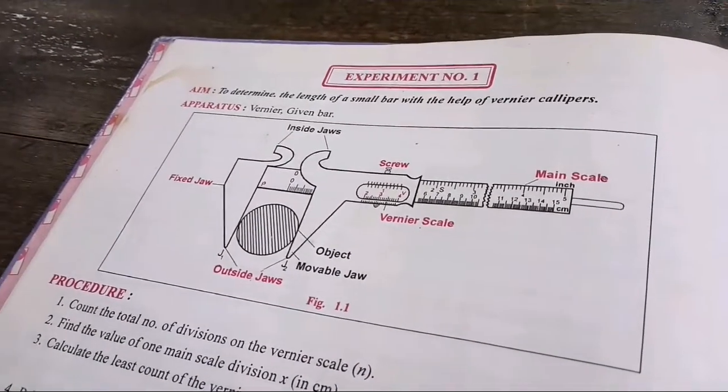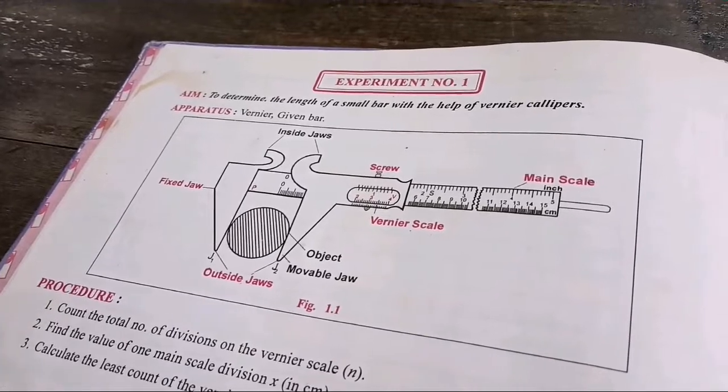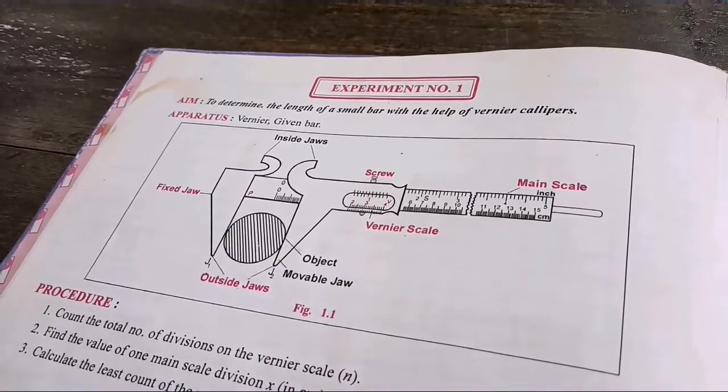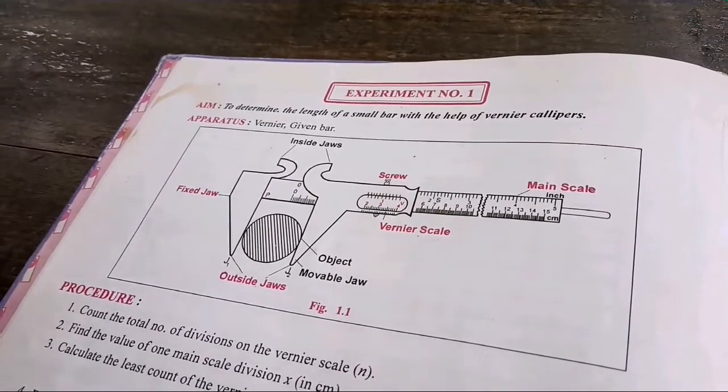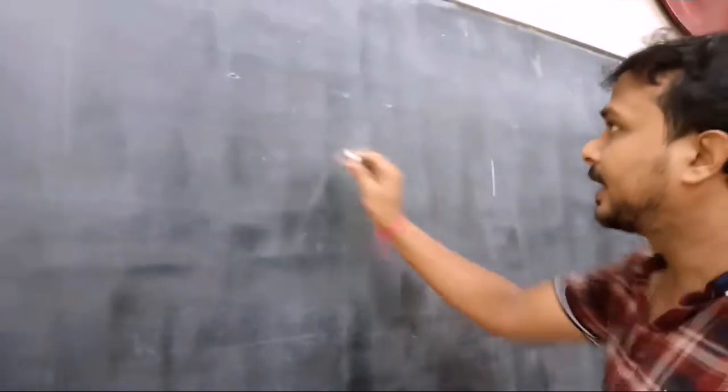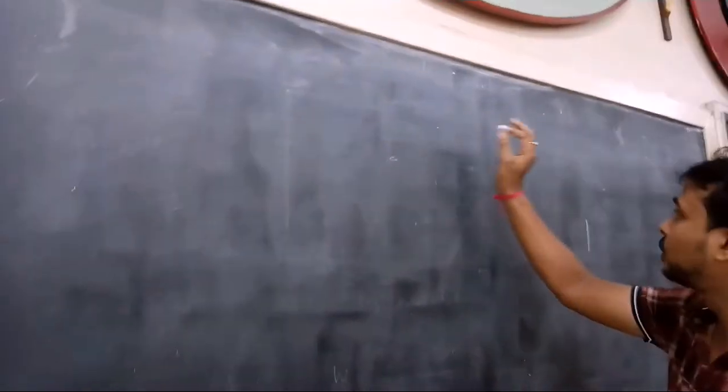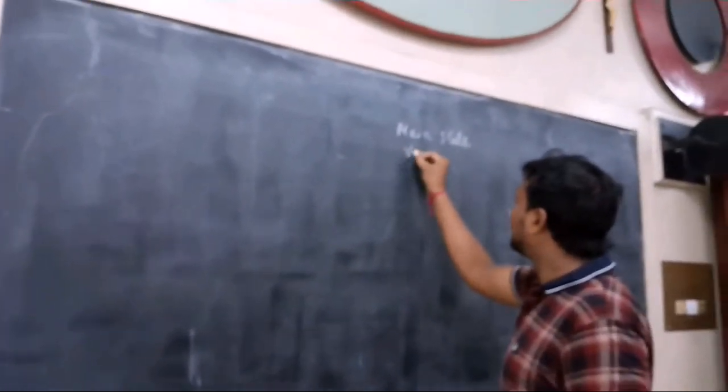Now we will see how to calculate the least count of the vernier calipers. We know that two types of scales are present. One is the main scale, and one is the vernier scale.